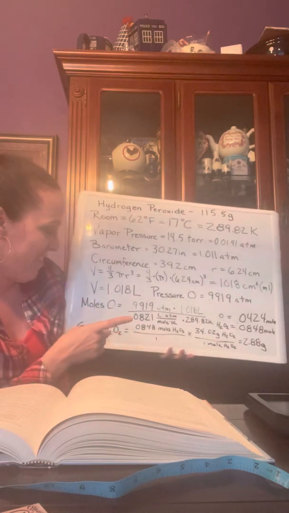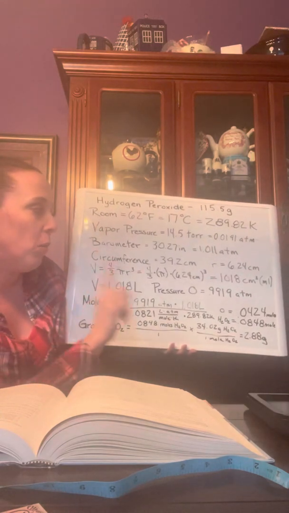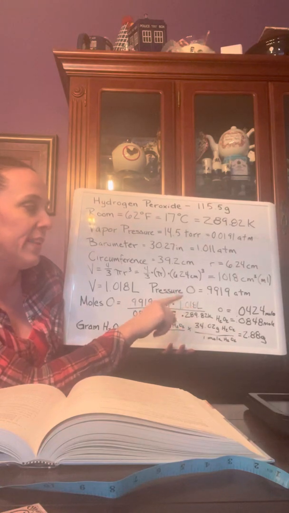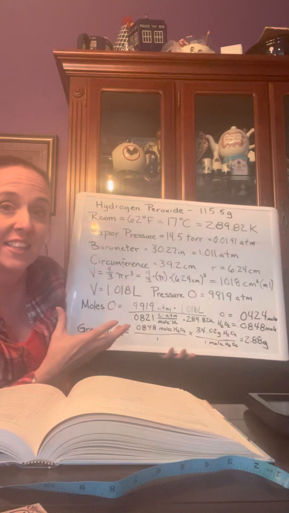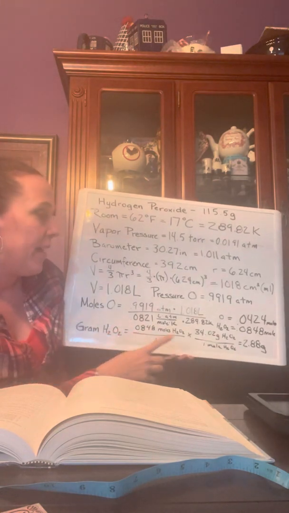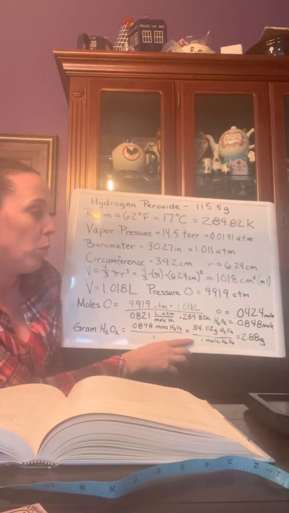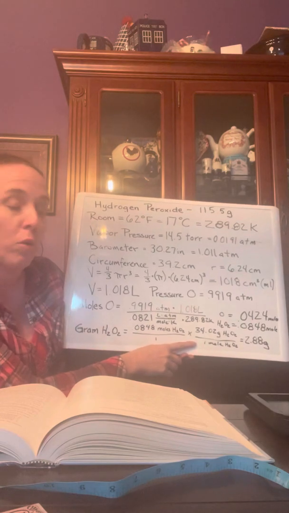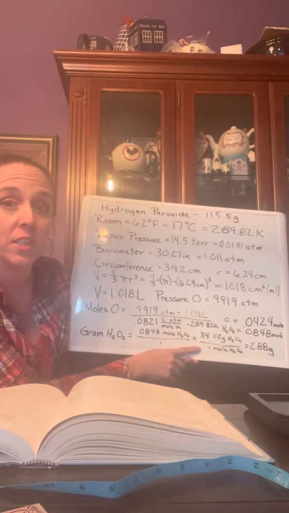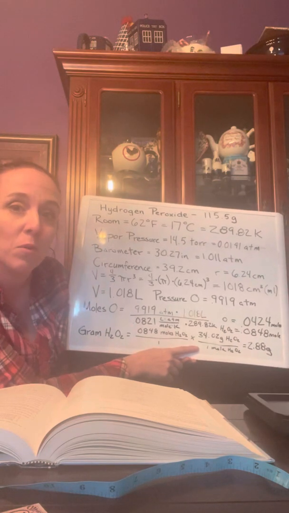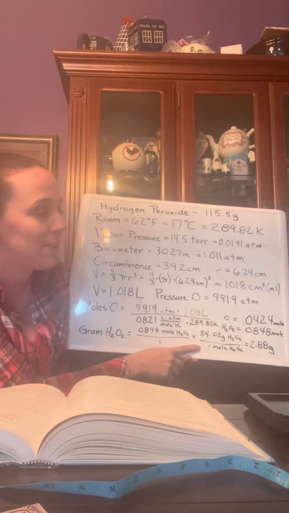And then we went from moles of, how many moles? We have 0.0848 moles of reactant in our reaction. And we know that our molar weight of H2O2 is 34.02 grams. We know that because we just went to our periodic table and added up what their atomic mass is.